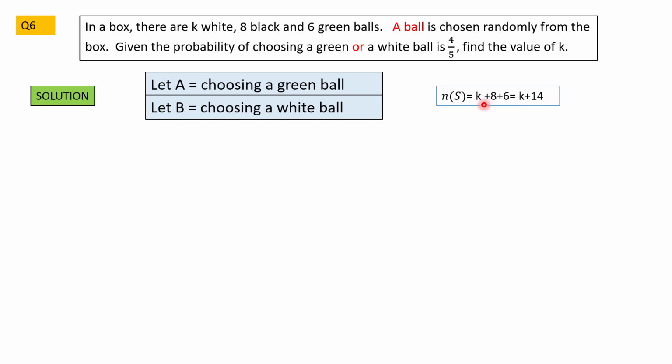Here the given information is choosing a green or white ball. Remember the word or can be replaced using the symbol union.